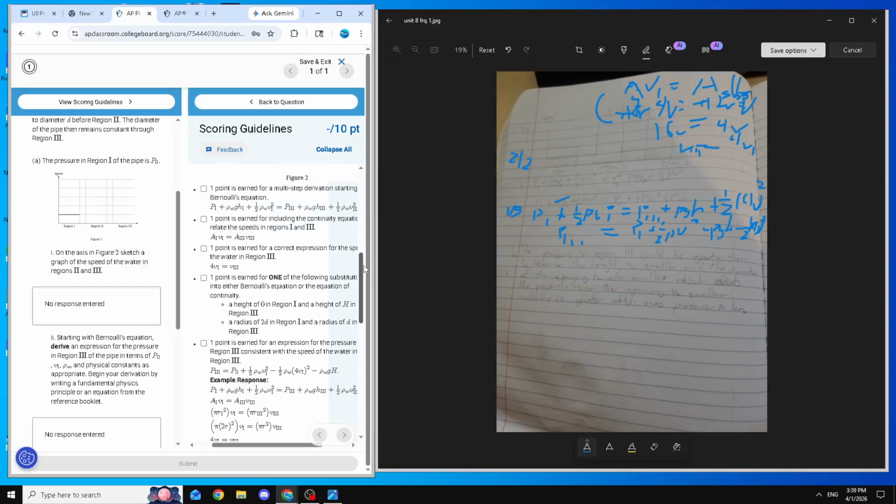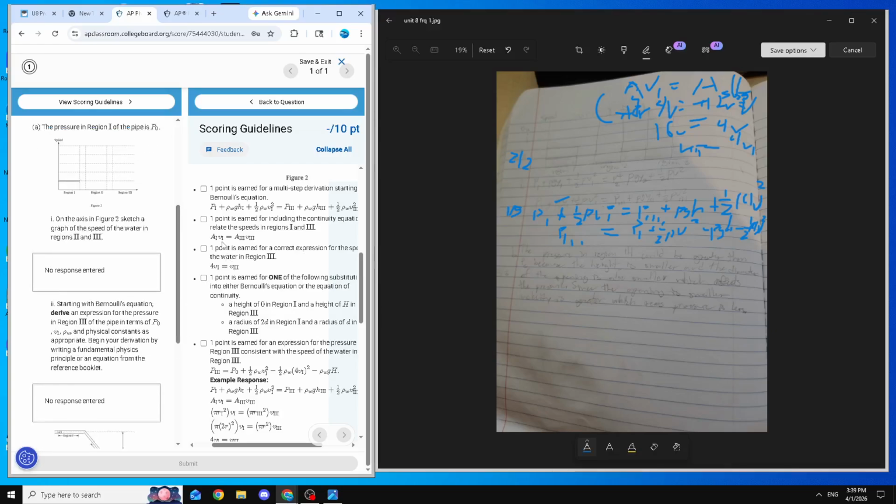And you'll get all 5 points for that, because you used A1 times V1 is equal to A3 times V3, and you found out that 4V1 is equal to V3, and you plug in h.